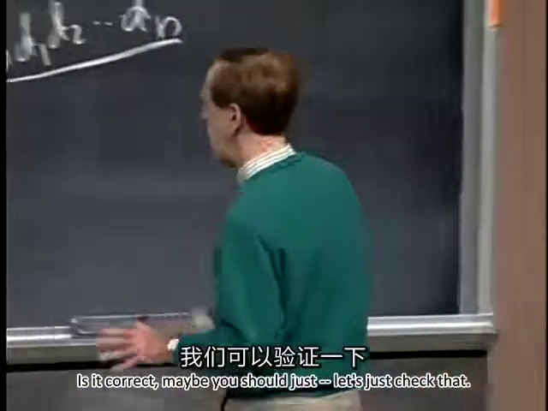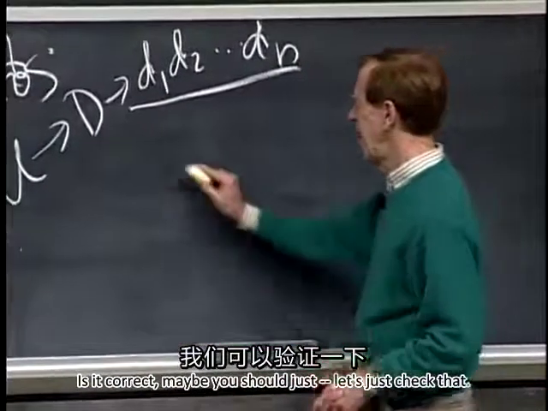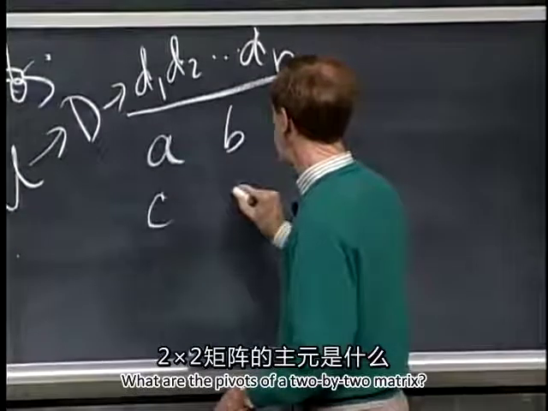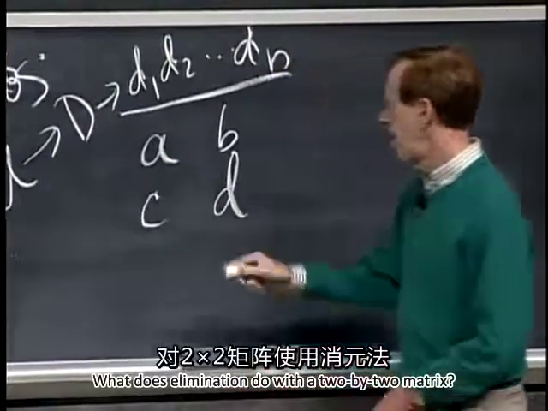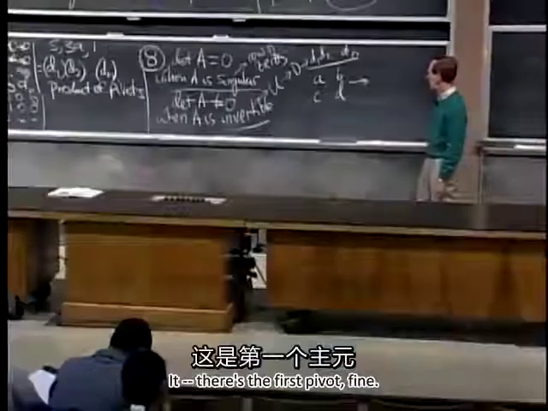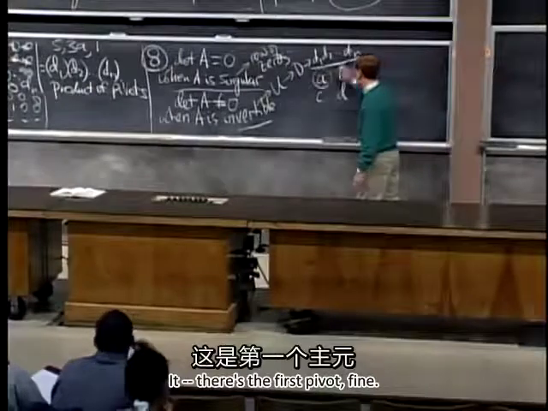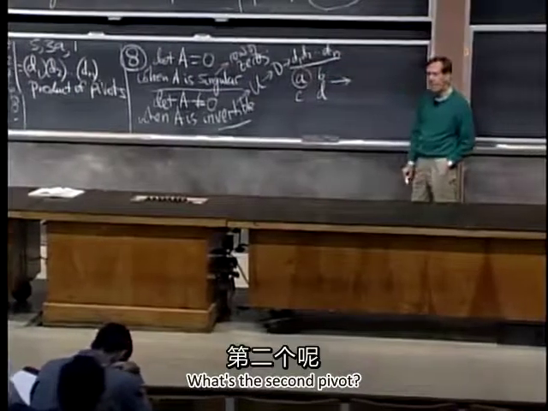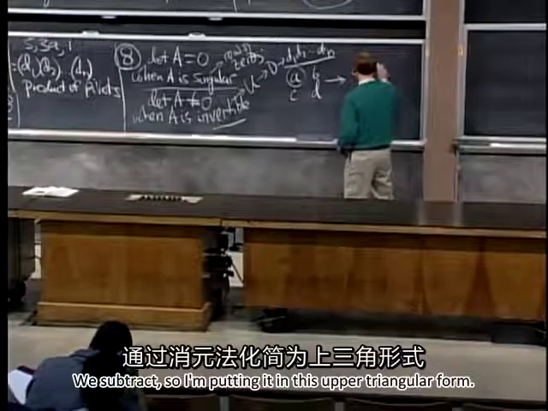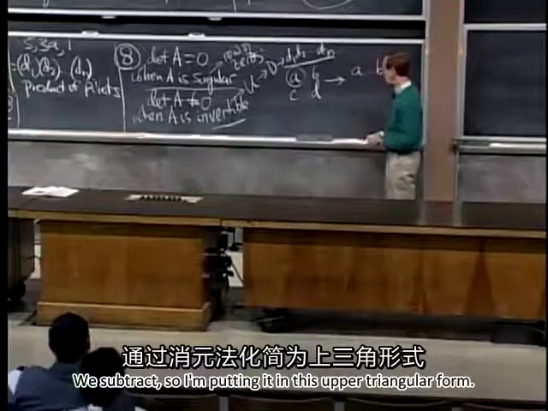Is it correct? Let's just check that. 2 by 2. What are the pivots of a 2 by 2 matrix? What does elimination do with that 2 by 2 matrix? There's the first pivot, fine. What's the second pivot? We subtract, so I'm putting it in its upper triangular form.